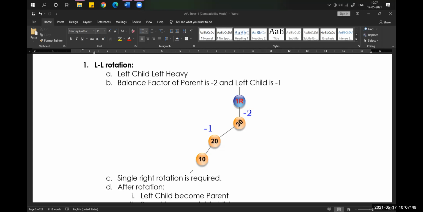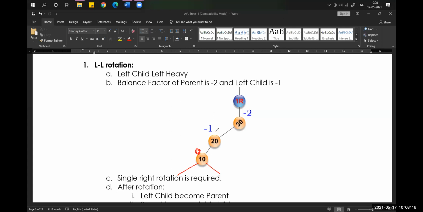Here there is no right child and no left child, so 0 minus 0 is 0. So we got 0 at node 10. Here, no problem.